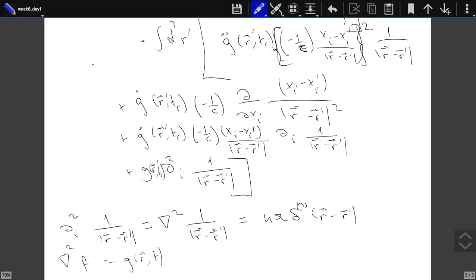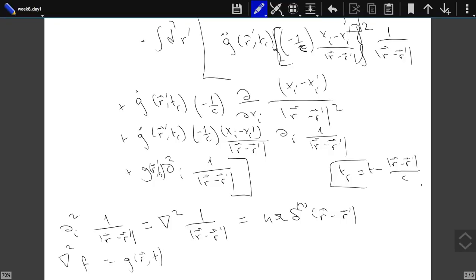Remember that tr is equal to t minus r prime over c. Now this Dirac delta tells me that when I'm evaluating this r prime integral, wherever I see an r prime, I should put an r. If in tr you put r instead of r prime, the retarded time is just t. Well, this is one part that we were looking for in our solution. This is this term.